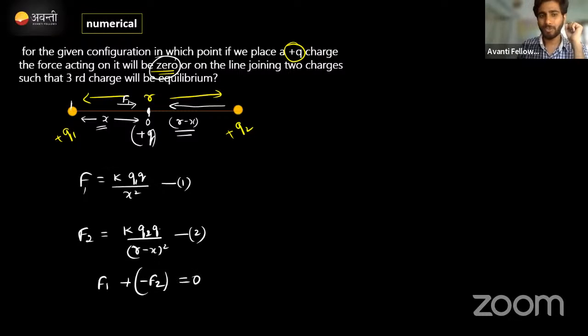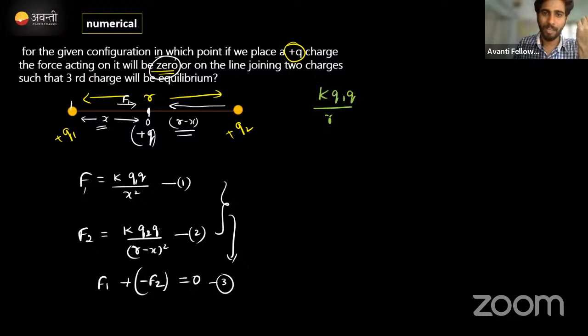I will substitute these two equations in equation number 3. After substituting, look at what happens. It's not magic, there is some calculation here. F1 means K Q1 Q divided by X square, minus K Q2 Q divided by R minus X whole square, is equal to 0.